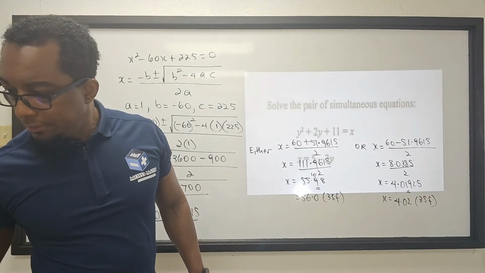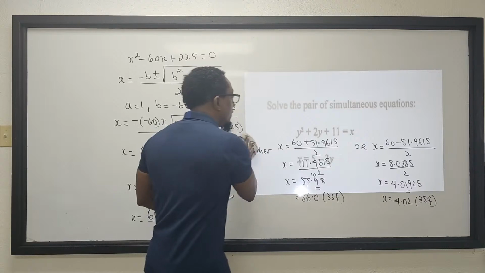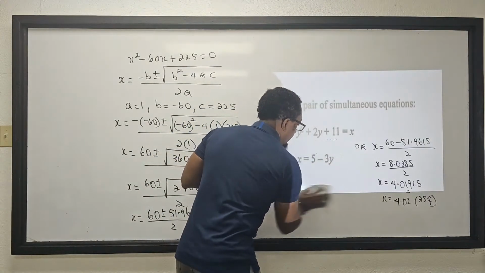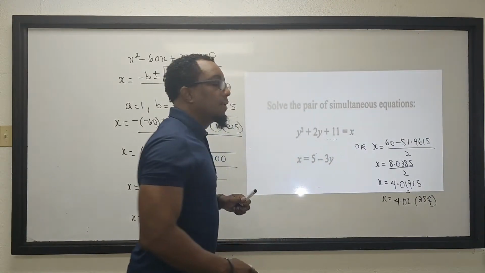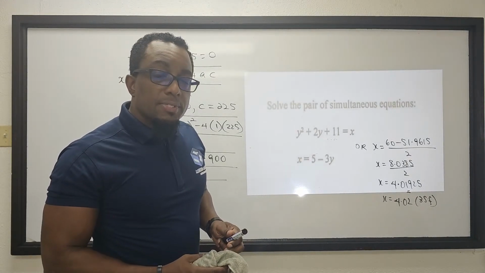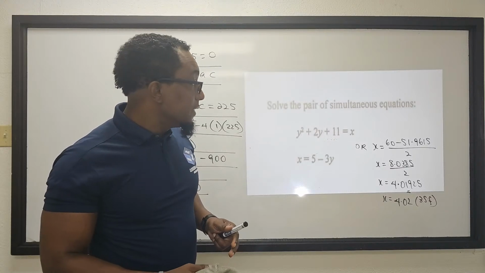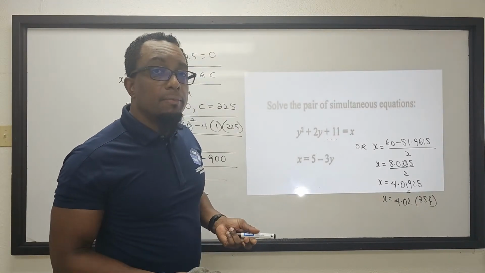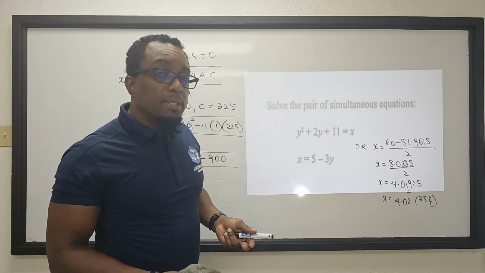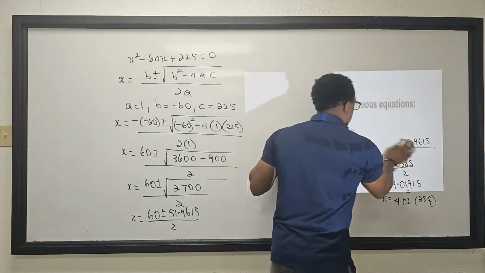So let's move on. Now, of course, under quadratic equations, we have to learn how to solve a pair of equations simultaneously. And those equations will be both linear and non-linear. And it will involve solving a quadratic equation to help you to achieve your result.